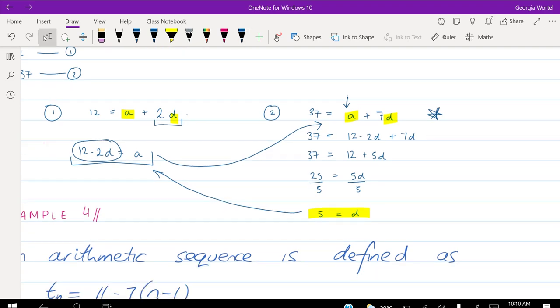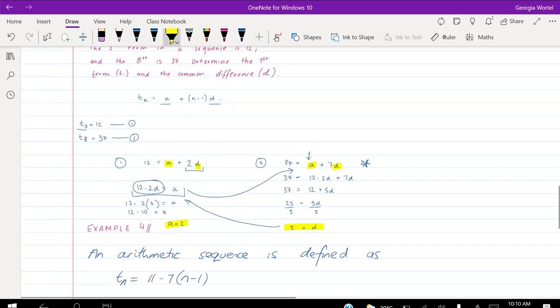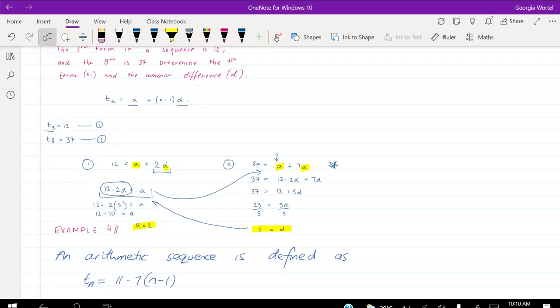I apologize for the messy working out. 12 minus 2 lots of the common difference of 5 is our A value. 12 minus 10 is 2. So our A value is equal to 2. There we go. The question asked us to find the first term and the common difference, and we've done that.